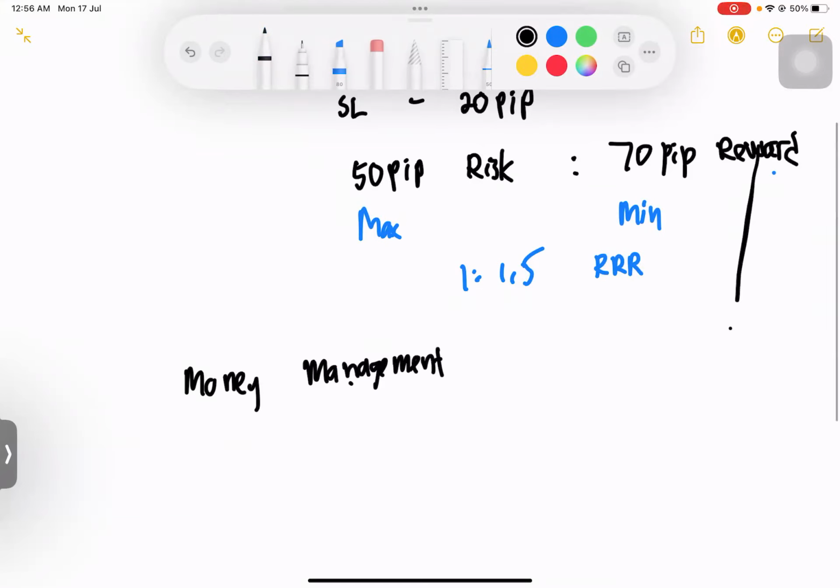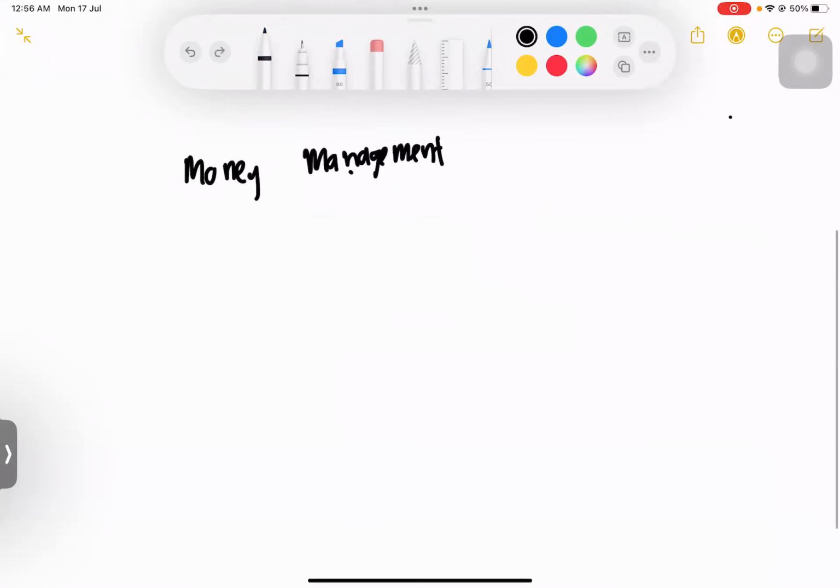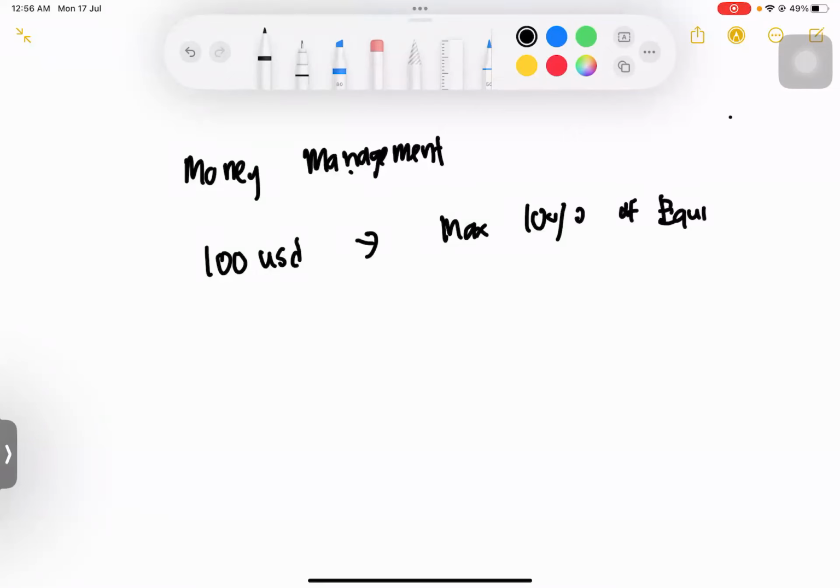I assume that most of you guys have a minimum $100 account. So for money management, I would suggest your maximum loss per setup is 10% of your equity.